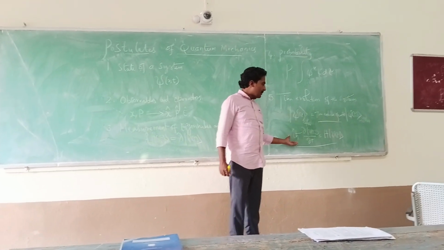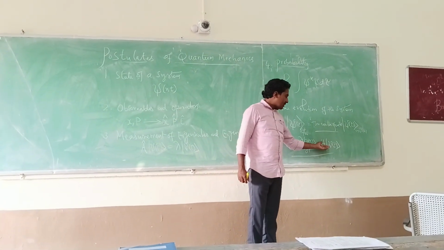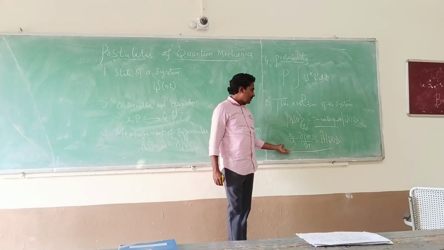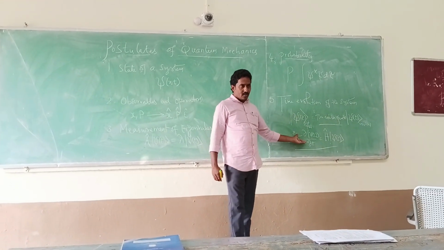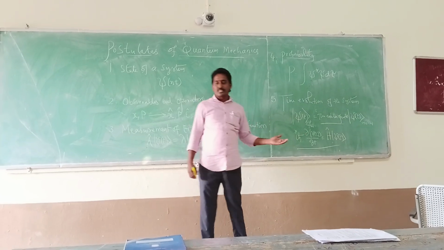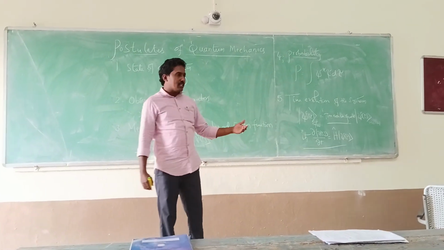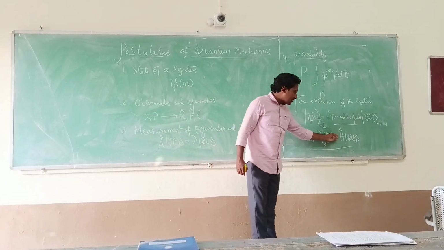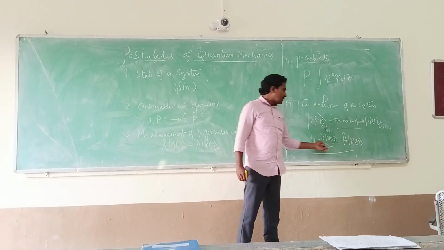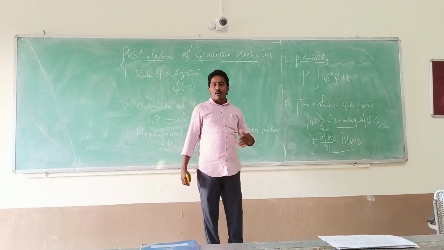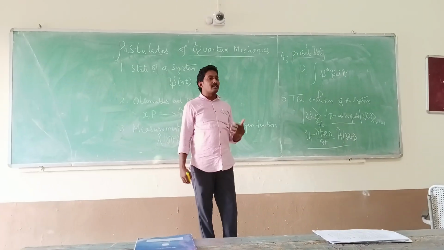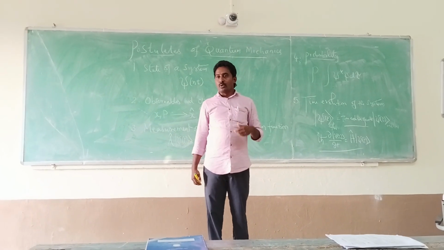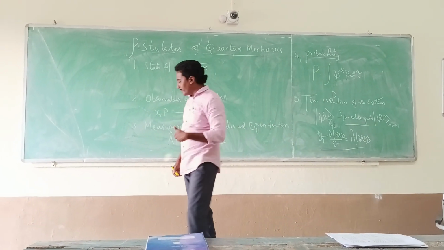According to the Schrodinger time dependent equation, the Hamiltonian operator H acting on ψ of t equals iħ ∂ψ/∂t, which can be written as Hψ equals Eψ. When the Hamiltonian operator H acts on the state vector ψ of t, it gives an energy eigenvalue E. In quantum mechanics, the energy operator is mathematically expressed by iħ ∂/∂t.